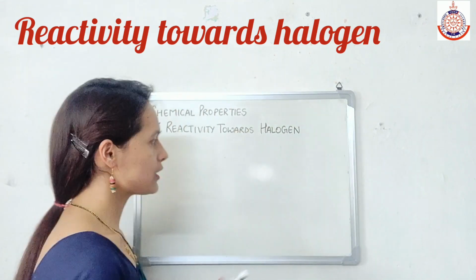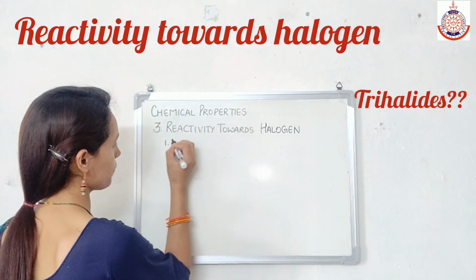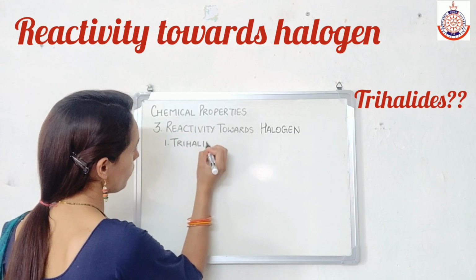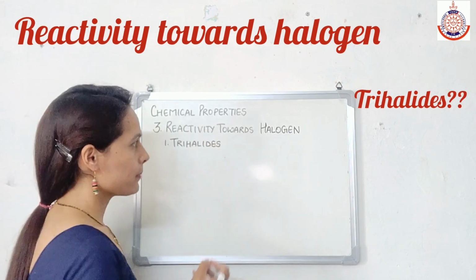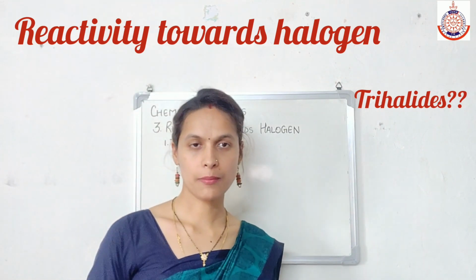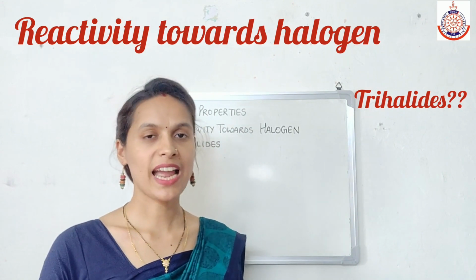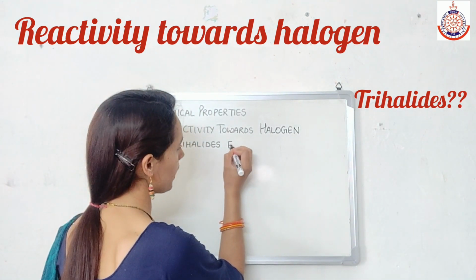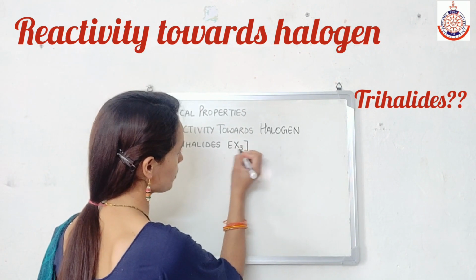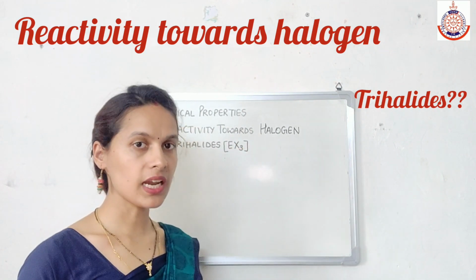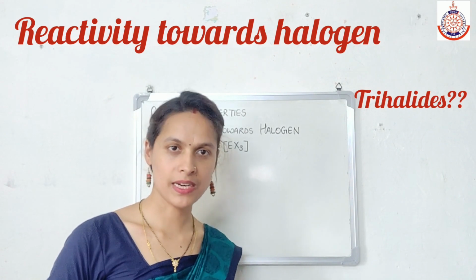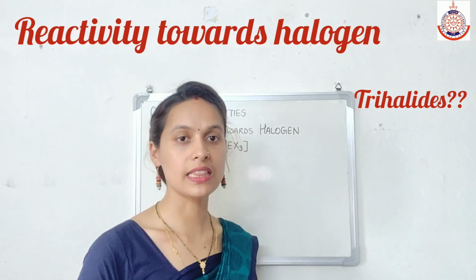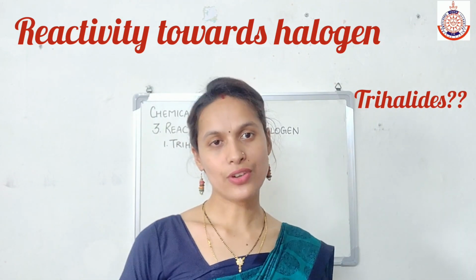First of all, we'll talk about trihalides. The members of 15th group react with halogen to form trihalides having general formula EX3. The hybridization is the same as we studied in the trihydrides.